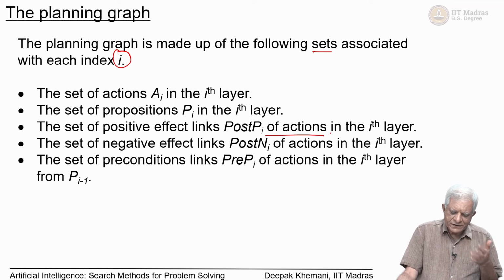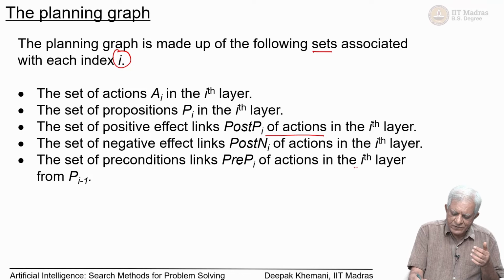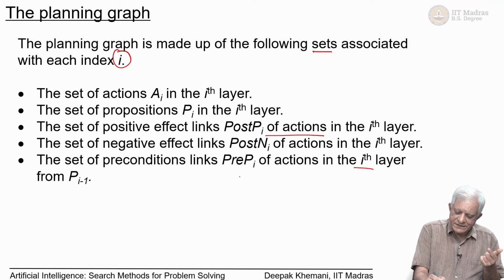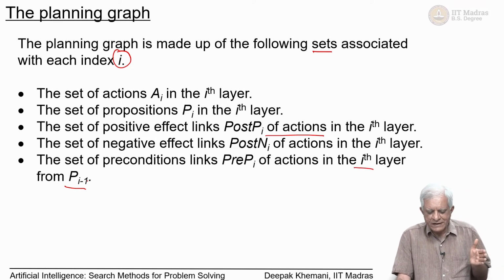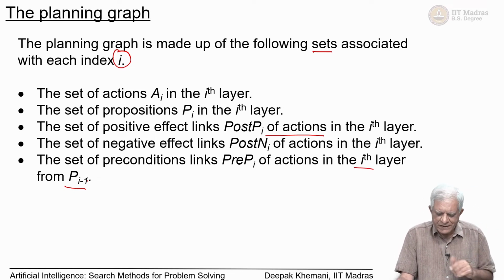Then there is a set of preconditions. So, for the ith layer of actions, the preconditions for these actions are there in the preceding layer of propositions. So, preconditions of action layer 1 are in proposition layer 0 and likewise for others.